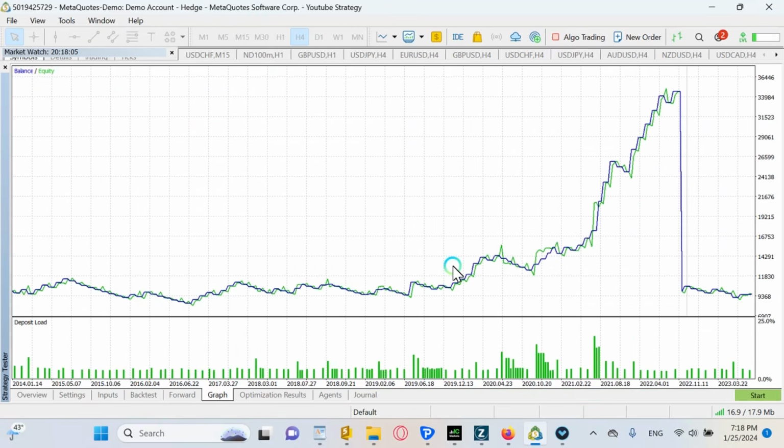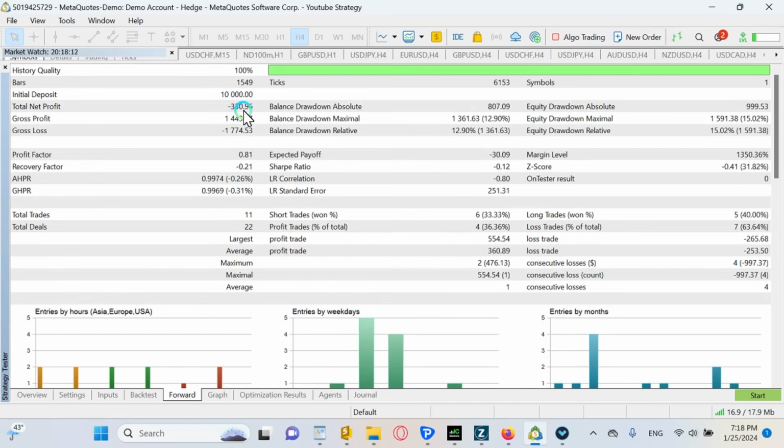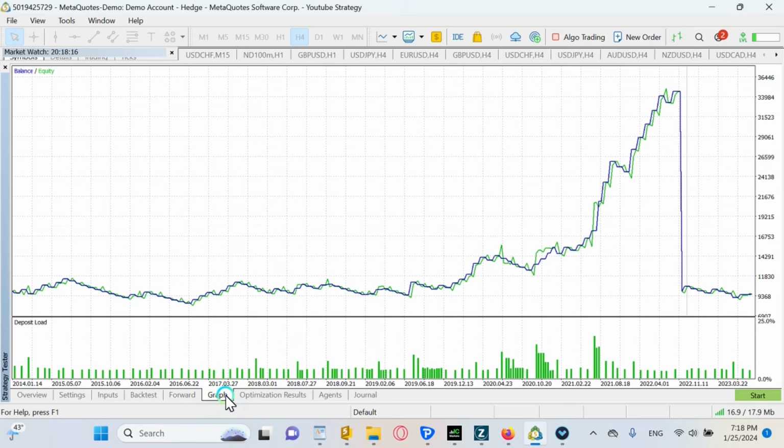And yeah, you see, here it has a very good time, but in forward testing, it is negative. Not account blowing negative, but still it is negative. And it means that most of the time, if you put it on a live account, it is going to lose money. It is just the reality.